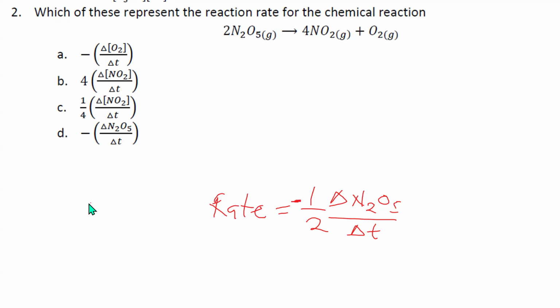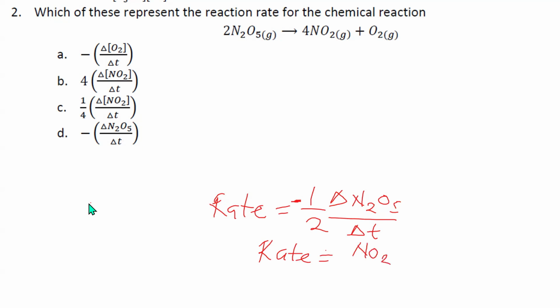So do you see this one is in terms of measuring the rate of the reactant, so that is why it is negative. But if we are to measure it in terms of the product, the rate is now equal to NO2.